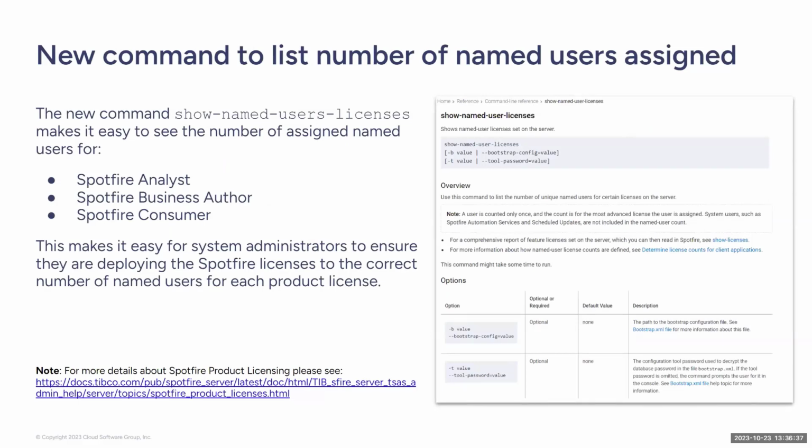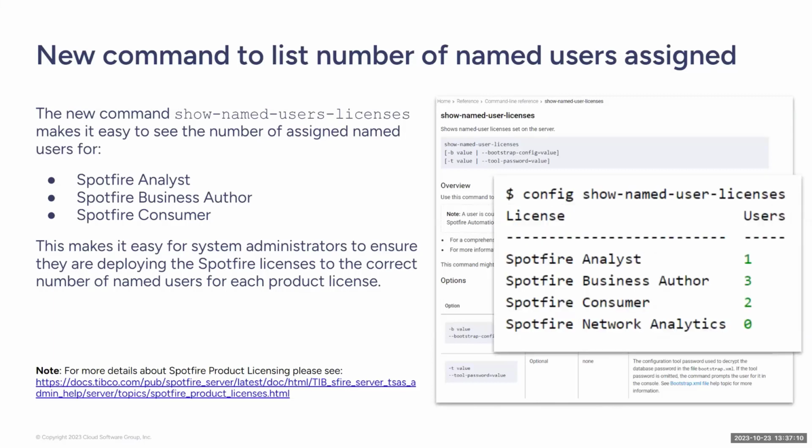Also, we have made it easier for admins to check how many Spotfire named user licenses they have assigned. The new server CLI command, show-named-users-licenses, provides a summary of how many users have been assigned Spotfire named user licenses, which are Spotfire Analyst, Spotfire Business Author, and Spotfire Consumer. So this makes it easy for system admins to ensure that they are deploying the Spotfire licenses to the correct number of named users for each product license.